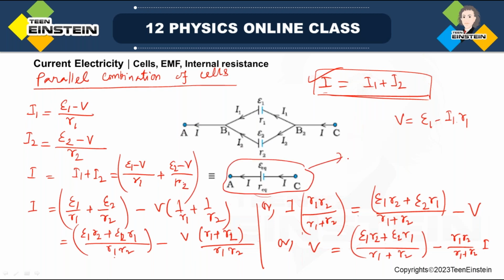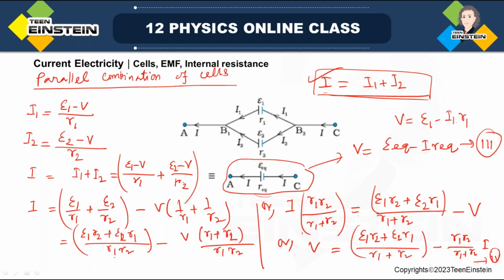So for this, what can we write? We can write V is equal to, so across A and C, the same potential I have considered and the same current I have considered through the circuit. So I can write this is E equivalent minus I R equivalent. Suppose this is equation number 3, and let us say this is equation number 4.